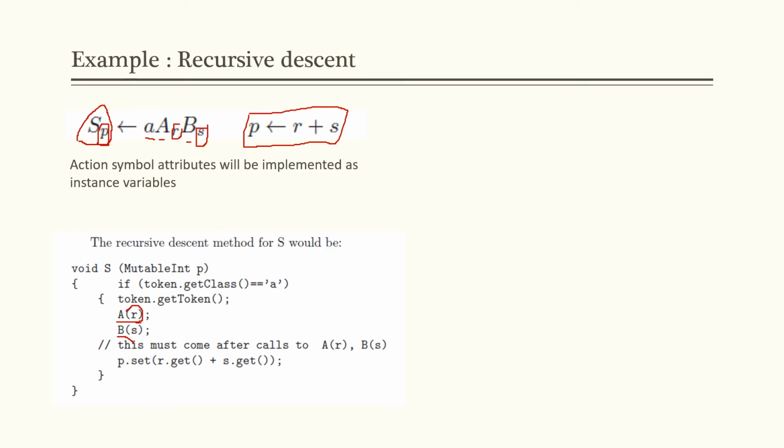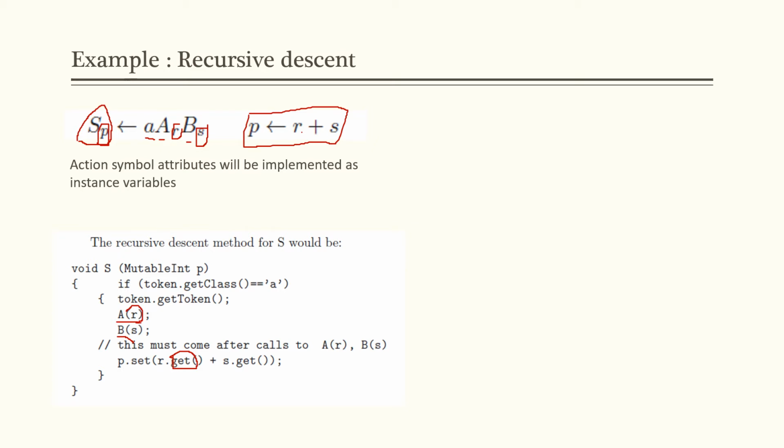In this case, we want the value, so it is R.value plus S.value. Get here is used to get the value of that particular object. So this is how you implement attributed grammar using recursive descent.